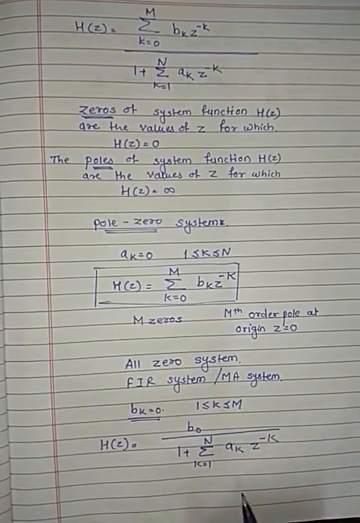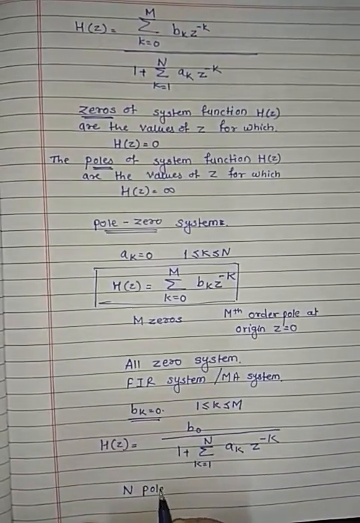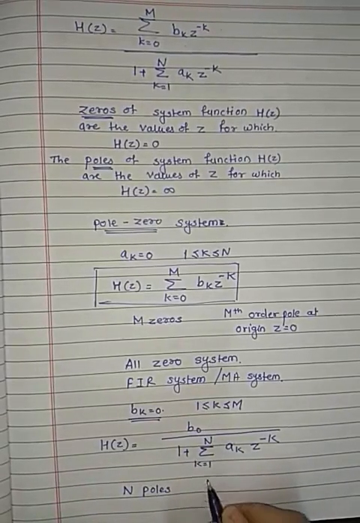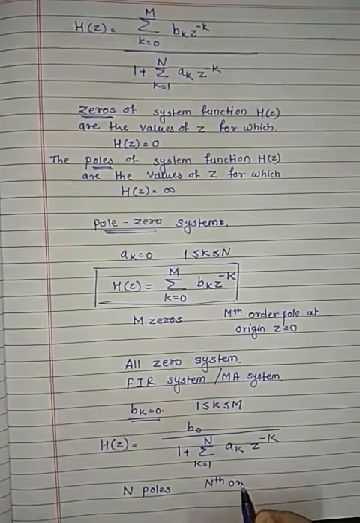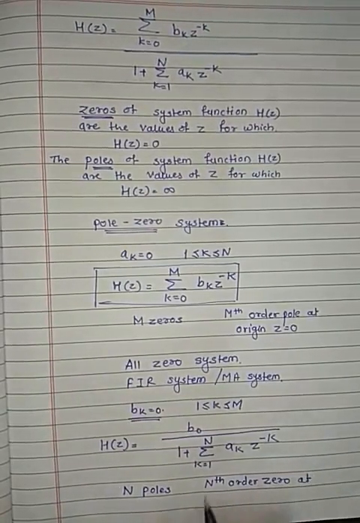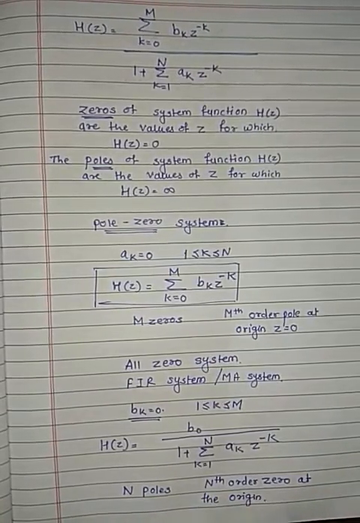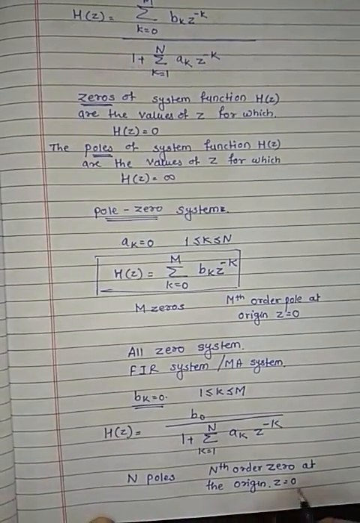In this case, H(z) consists of N poles and an Nth order zero at the origin, z = 0. Such a system is called the all pole system.